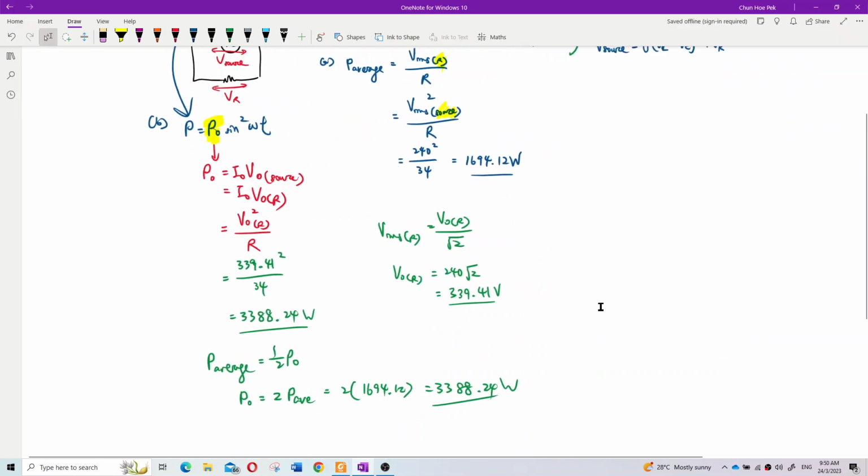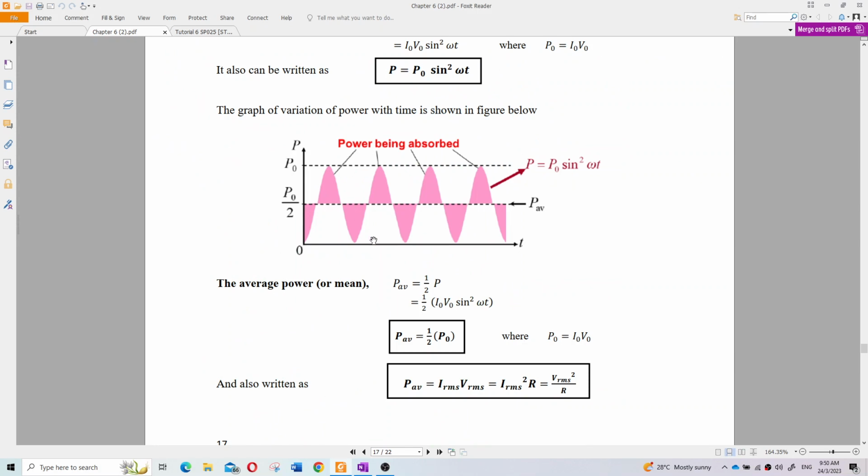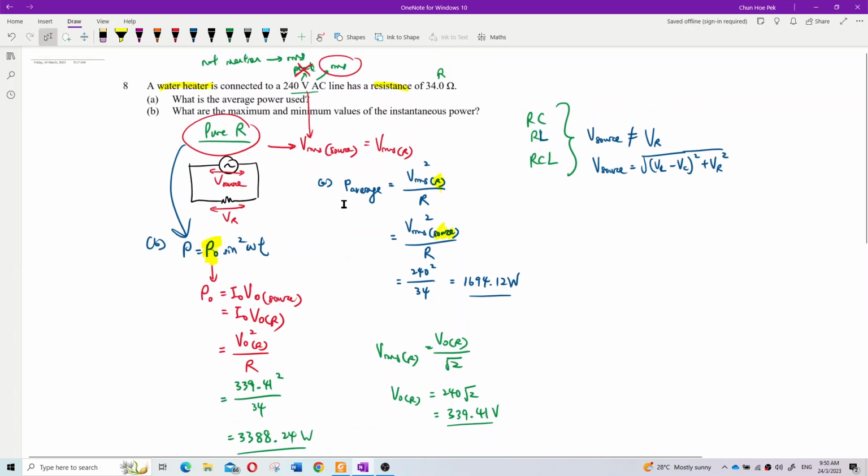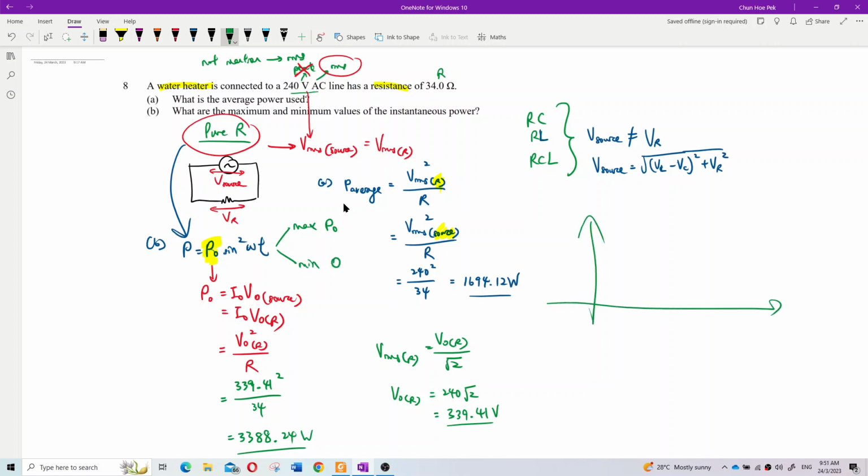And then P minimum is 0, because it can go to 0. If you look at the formula, the maximum value is P naught and the minimum is 0, because the graph goes up and down between P naught and 0.